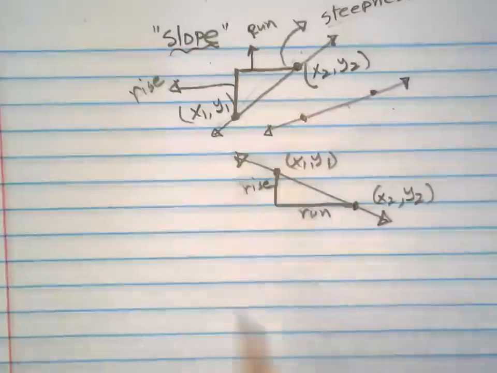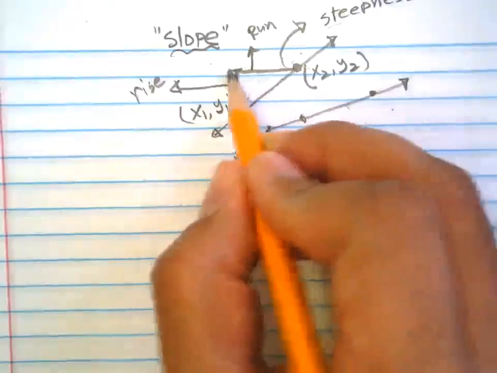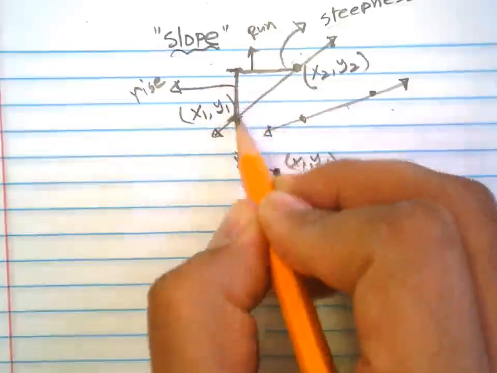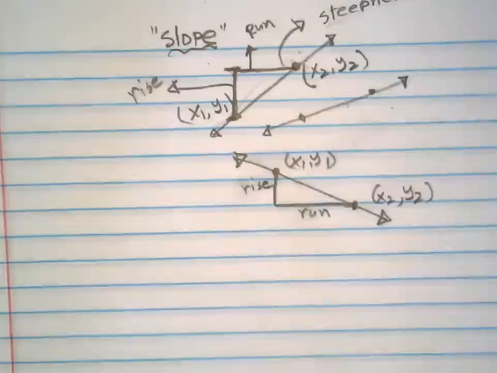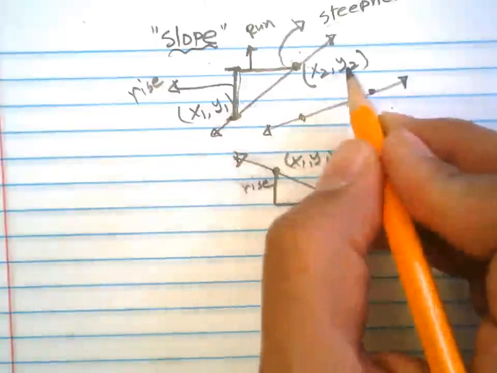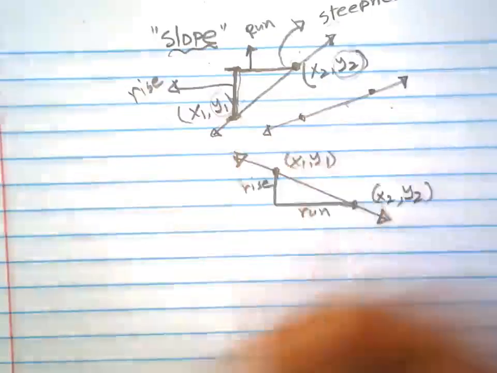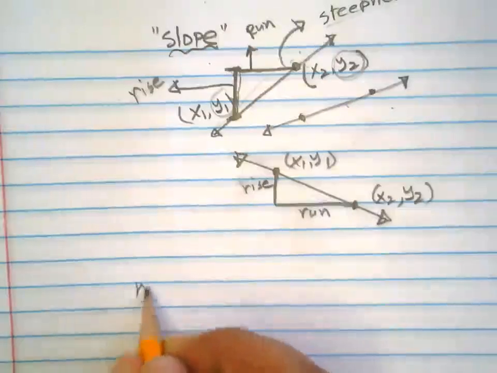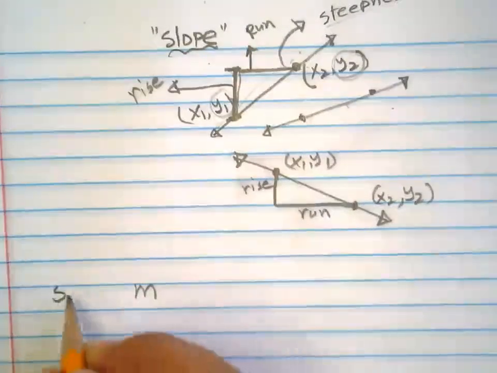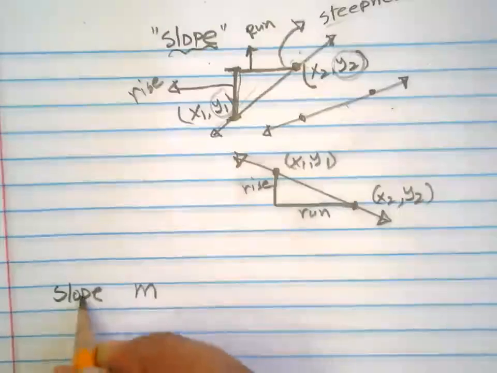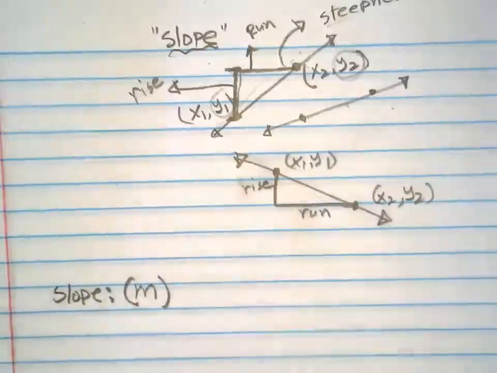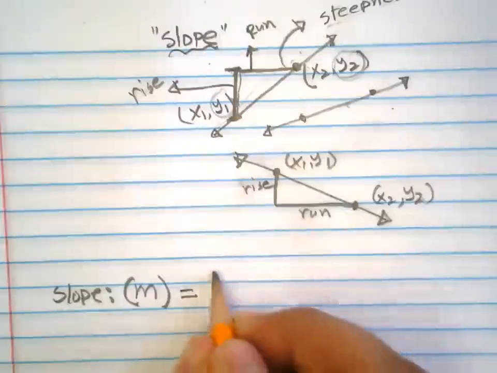Let's check how to calculate this rise. In the coordinate plane, the rise is y2 minus y1. I'm going to define slope as m. M means the slope, and you should write it down too. Slope m is equal to rise over run.